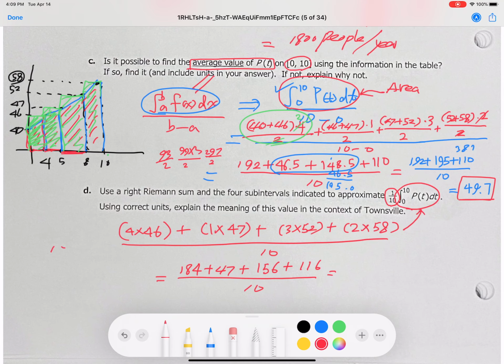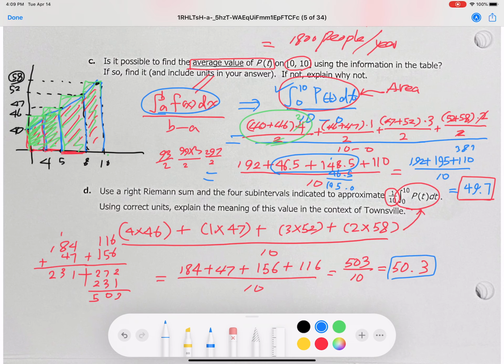Okay, so 184 plus 47, 231. 156 plus 116, 272. The sum of 272 plus 231, 503 over 10, which is 50.3.